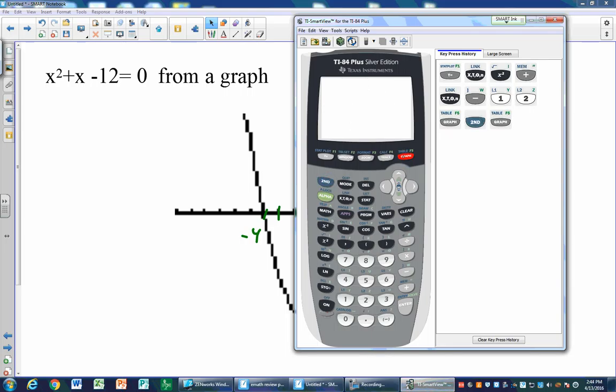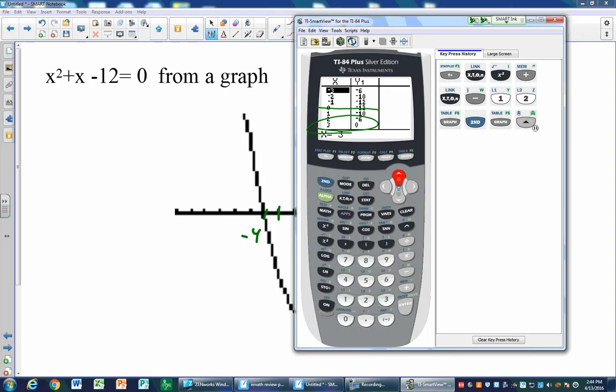So we hit second graph, and we confirm the zeros. They don't both fit on the screen at the same time, but our first zero is 3 because y is 0. We don't look at the x being 0. Remember, that's the mistake.